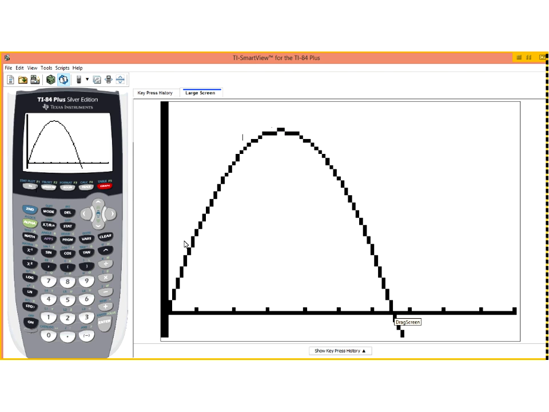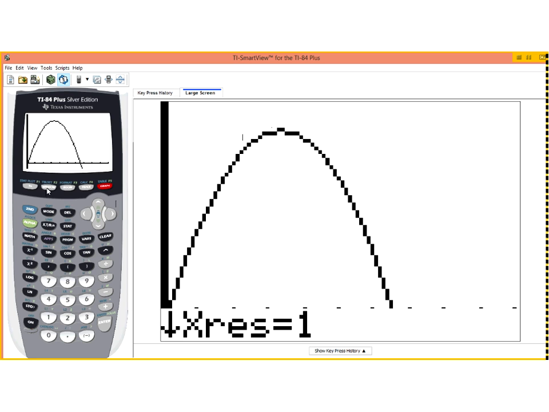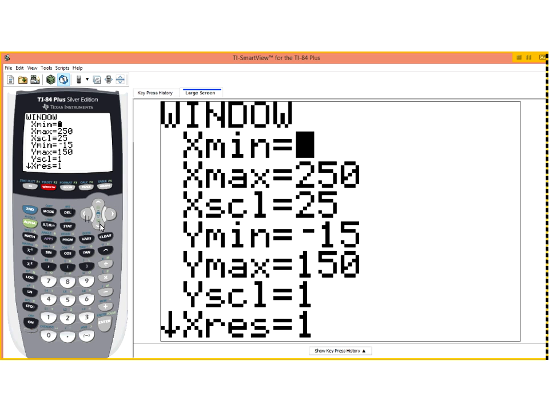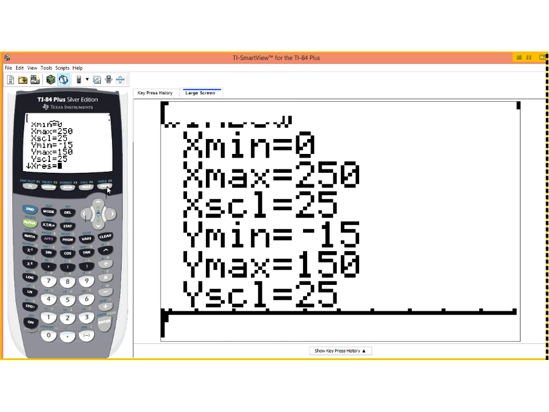All right, so there we see our profit function. That will be our maximum profit in a little while, but what we're looking for right now is the break-even point. I'm still not real happy with that window, so I'm going to change the y scale to 25, so I'll get some little tick marks.